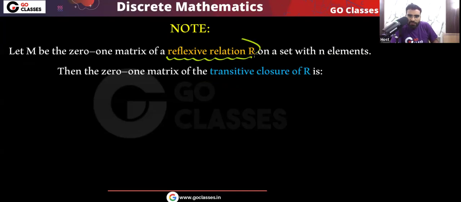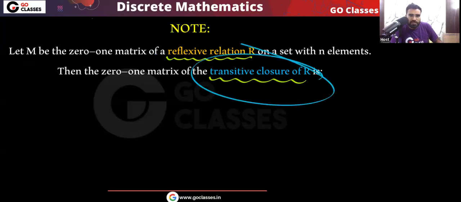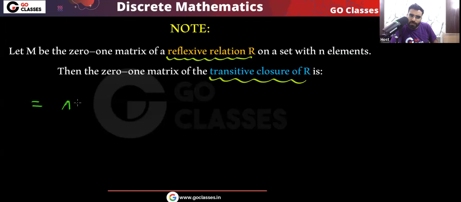Now, for a reflexive relation, finding the transitive closure is the same as finding the reflexive transitive closure. Do you agree with me? Yes or no?